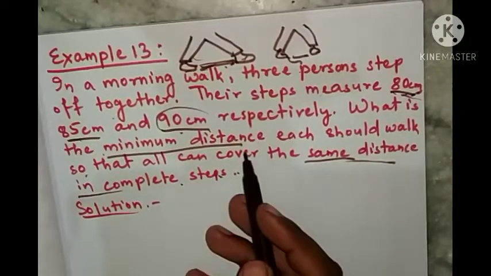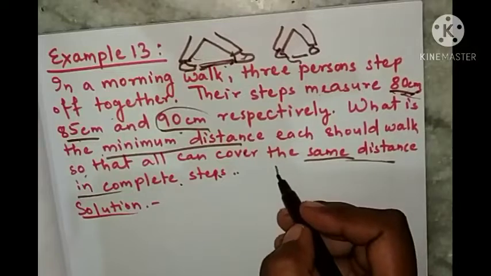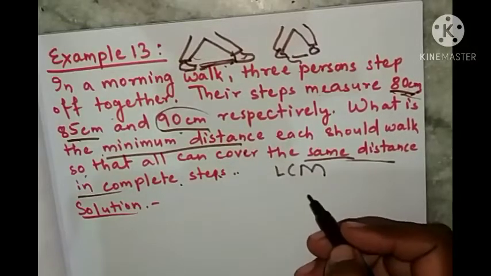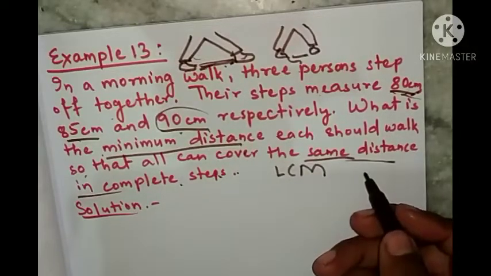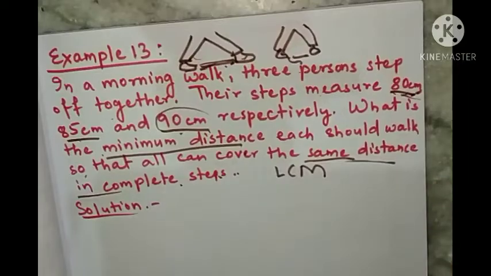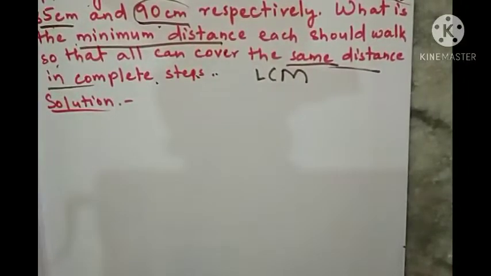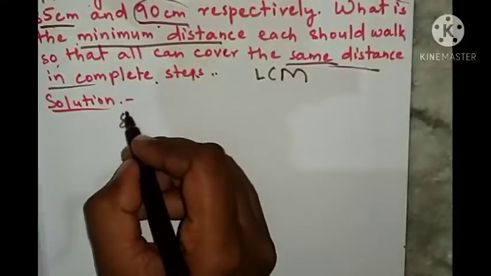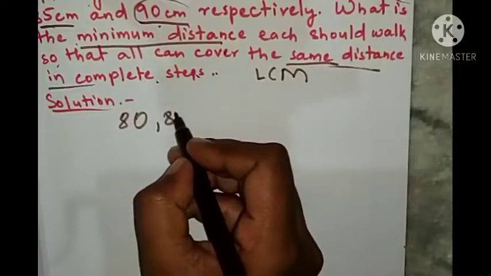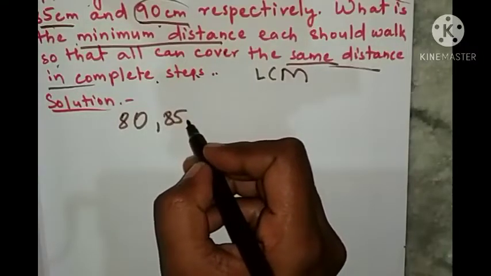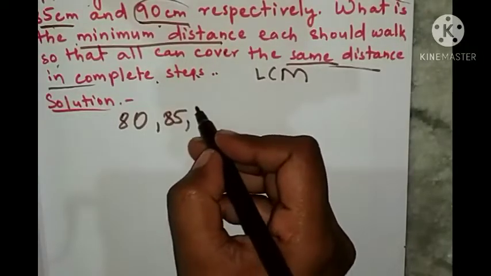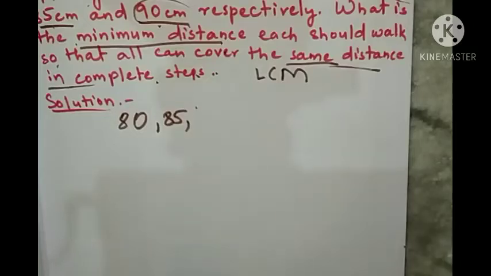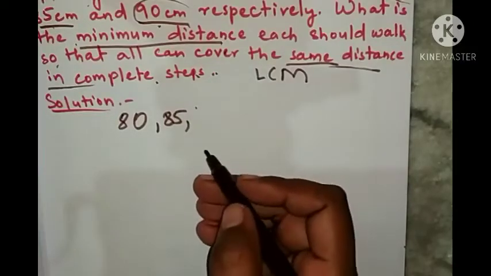Minimum where written, what you will do? We will find out LCM, lowest common multiple. So let's find out the LCM. We'll do it by the repeated division method. It is easy because these three numbers are given: 80, 85 and 90.